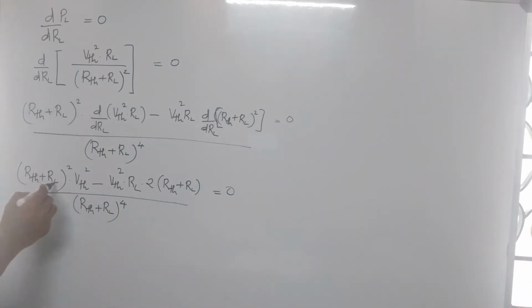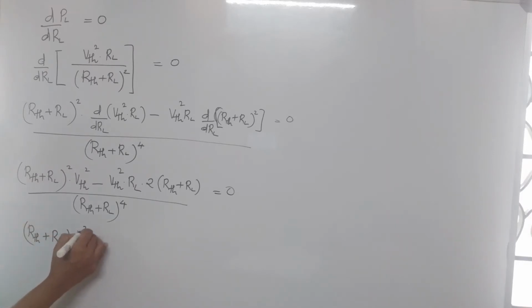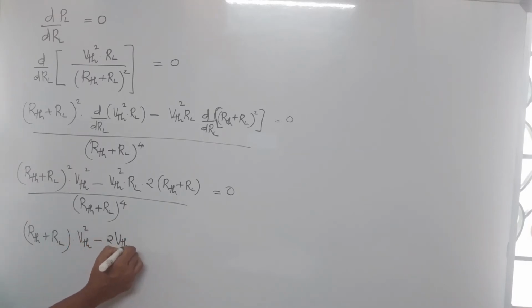Now we can cancel one (RTH plus RL) from all the terms. So we'll get (RTH plus RL) into VTH squared minus 2 VTH squared RL, divided by (RTH plus RL) the whole cube, equal to 0.